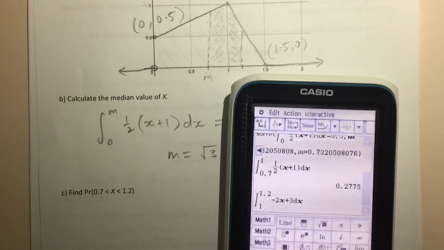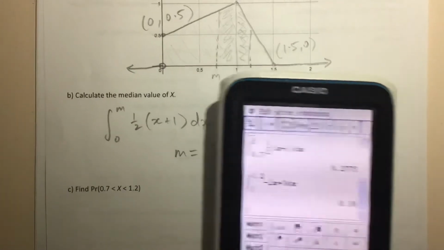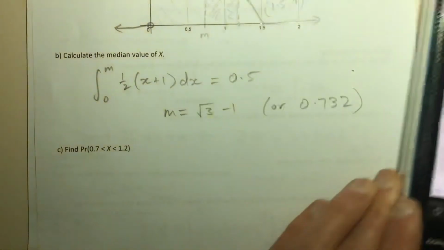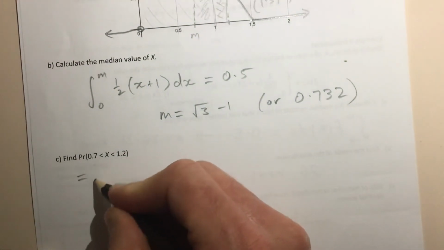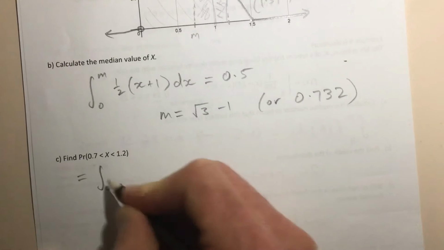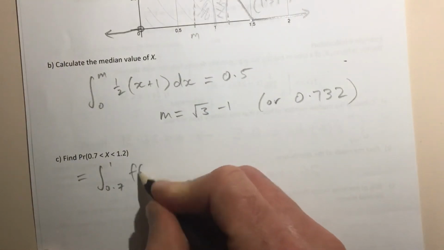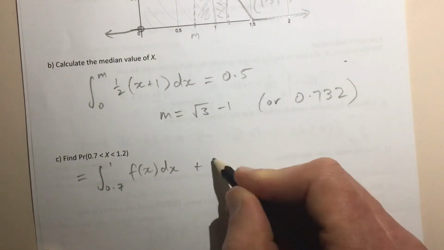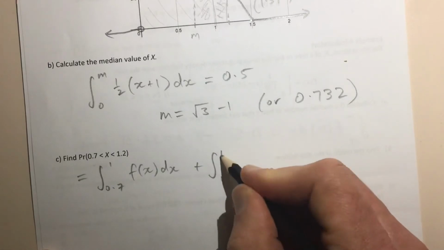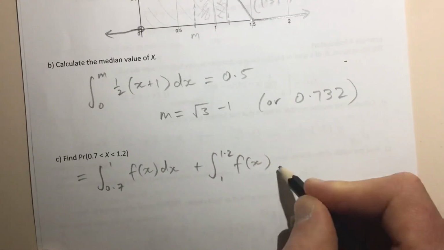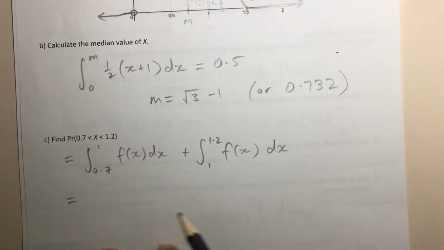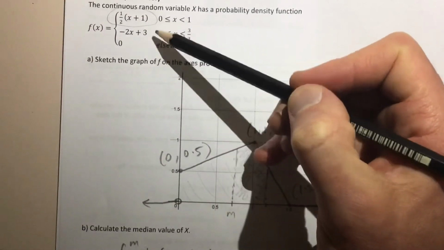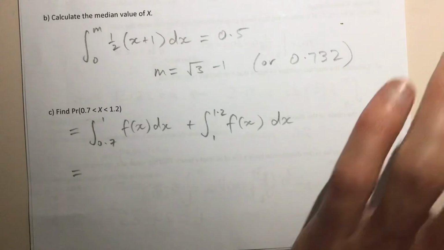with respect to x. Okay, so if we're going to summarize that working out, we could say that was equal to the integral from 0.7 to 1 of f of x plus the integral from 1 to 1.2 of f of x. The reason we've separated into those two parts is because they were under different rules, and so what we found was, what did we get?